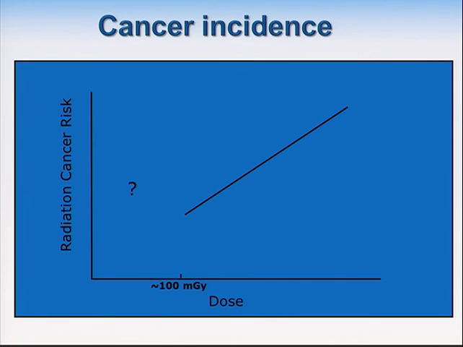So in terms of dose response, we can measure or assess dose reasonably reliably, often very accurately, to very low doses. But of course, the associated risk is increasingly uncertain as we get to lower doses.